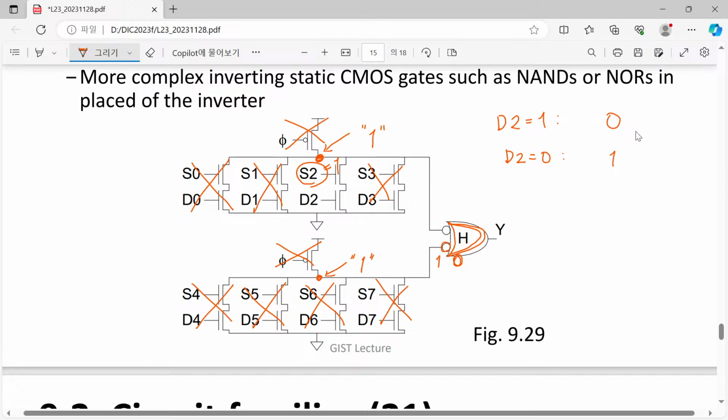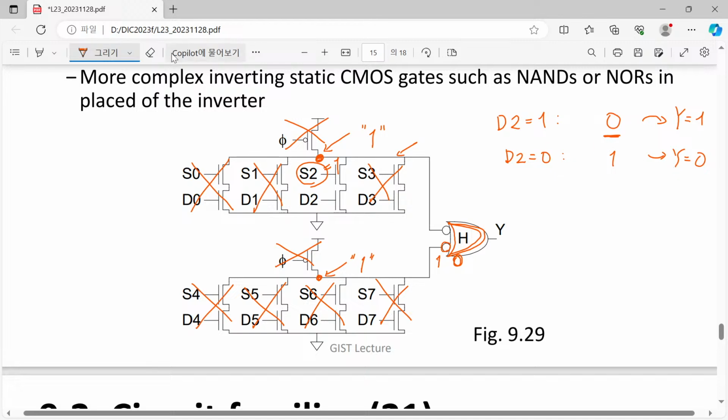So depending on this value, when this output value is 1, your Y value becomes 1, and the other becomes 0. Oh, sorry, what? Oh, yes, you're right.